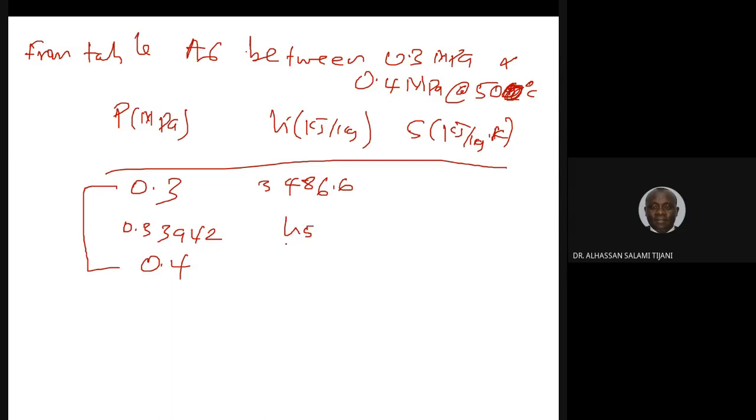Then the enthalpy at 0.4 is 3485.5, and then the entropy over here is 8.3271. Then this is S5. Here again 8.1933.